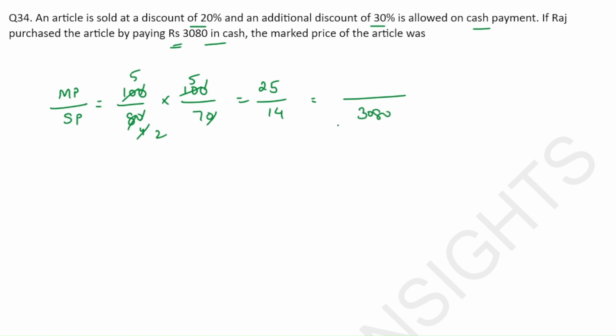So 14, how much is 3080? So 14 220 is 3080. So multiply 220 at upside also. So you will get 5500. That means the mark price is 5500.